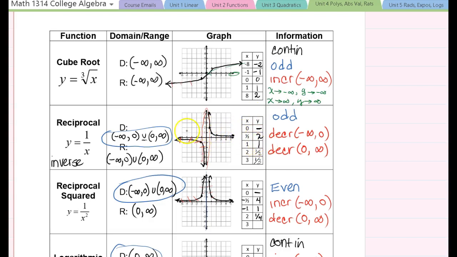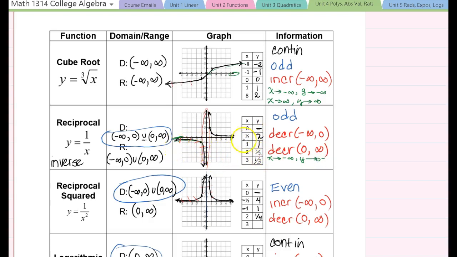For reciprocal, we see as x goes to negative infinity, our y values are getting closer and closer to 0. In fact, we put a little 0 with a little negative sign to show you that they're coming from below.